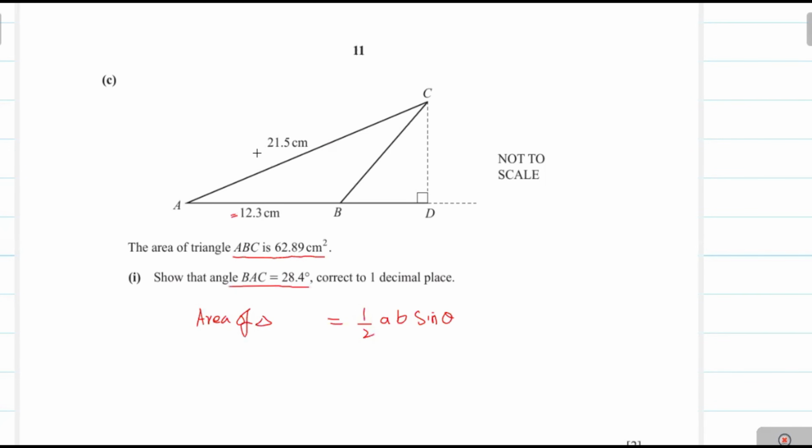Two adjacent sides, A and B, and we write here 1 over 2 into 12.3 into 21.5, and the angle between them is sine BAC, and this area of the triangle is given here as 62.89.